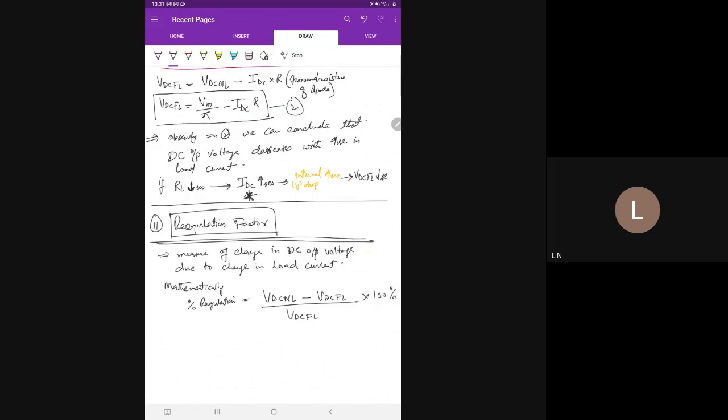So this will give us the regulation factor in percent.